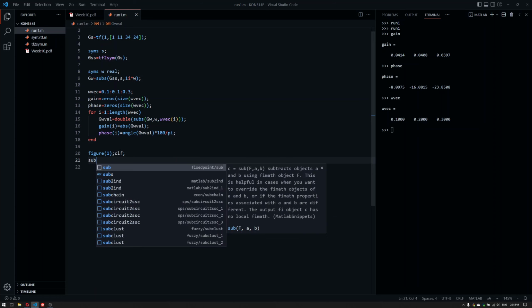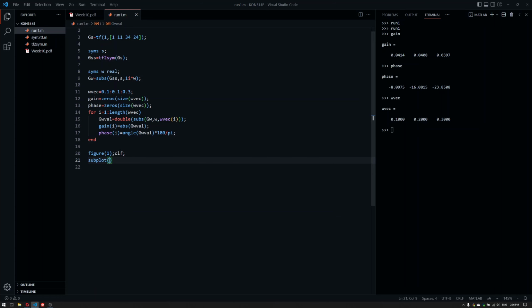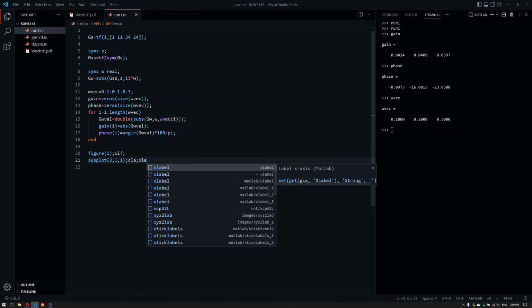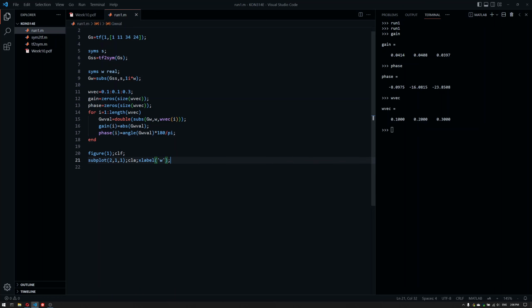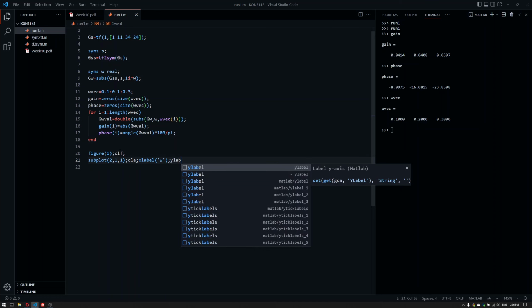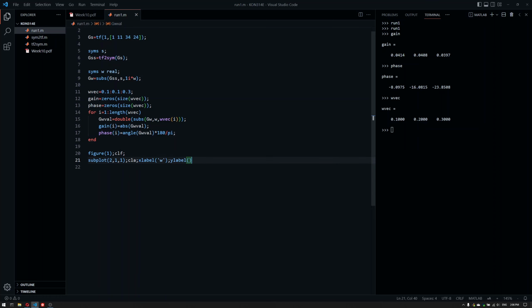So let's have a subplot, 2 rows, 1 column. The first one of that is going to have X label omega because that's frequency. Y label is going to be basically G of omega.